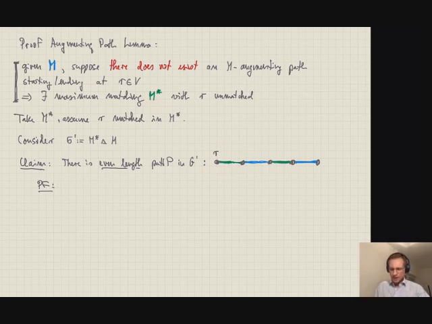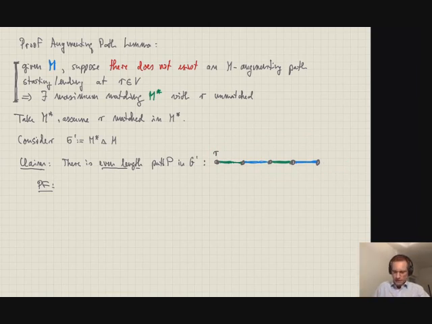And still, because R is unmatched in M, if I continue this path here, it cannot end up in a cycle, because that would mean R would be also matched in M. So also because R is unmatched in the blue matching M, this is going to be a path, and it's even going to be an even length path, because otherwise, suppose not, then that would actually mean we have a green edge here at the end, and that would be an M augmenting path containing this root vertex R, which we assumed doesn't exist.